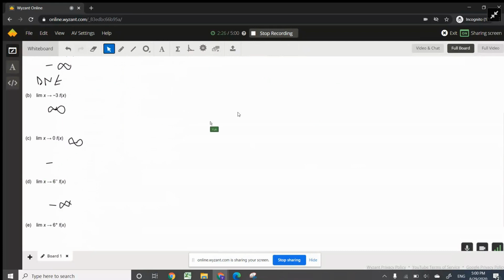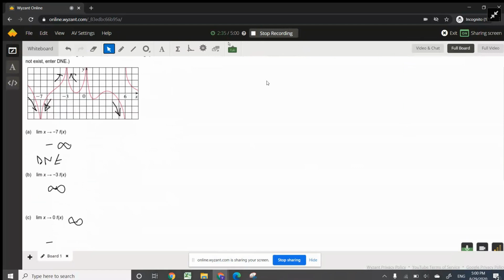And for part E, as x approaches 6 from the positive side, it looks like the function is approaching positive infinity this time.